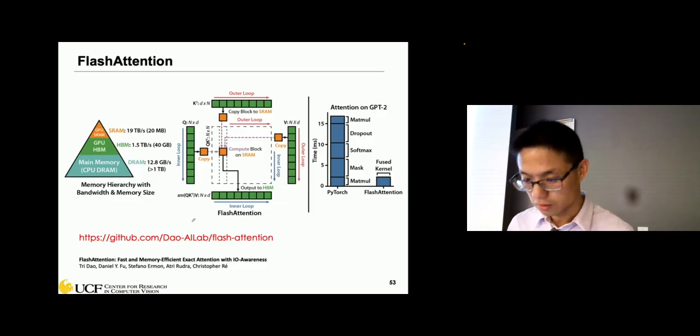If you are interested, you can look at their paper and their GitHub. They have flash attention 2, and I think maybe now flash attention 3. I think PyTorch also has integrated flash attention operations. If you want to use this efficient attention mechanism, you can call flash attention. Okay.